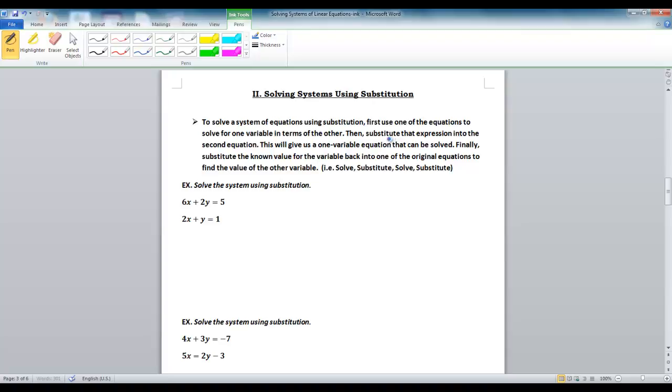That's the magic that gives you a one variable equation. Any equation with just one variable, we can solve. Once you know the value of one of the variables, you can substitute it back in to find the value of the other variable. Solve, then substitute, solve, then substitute.